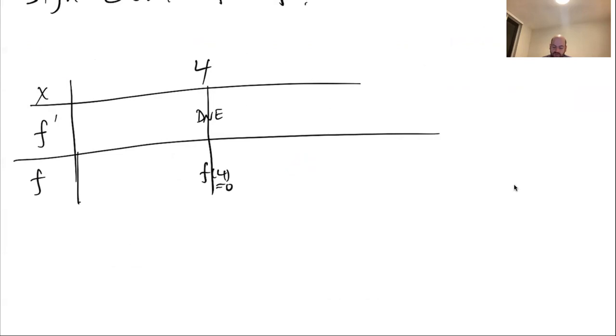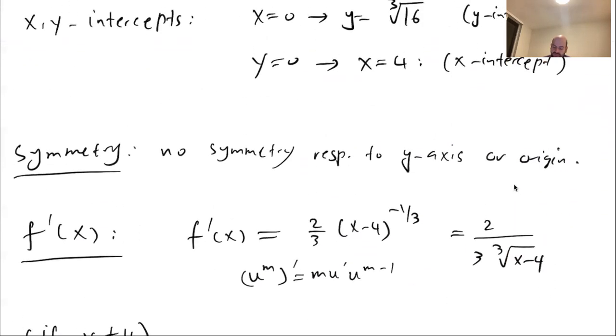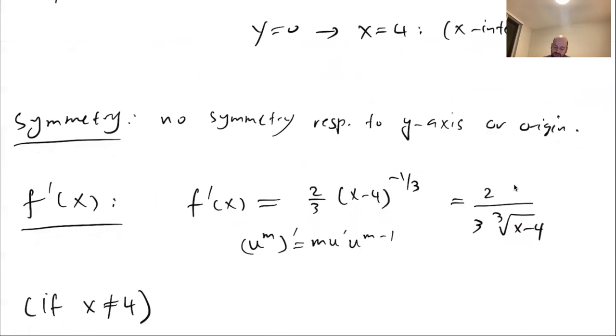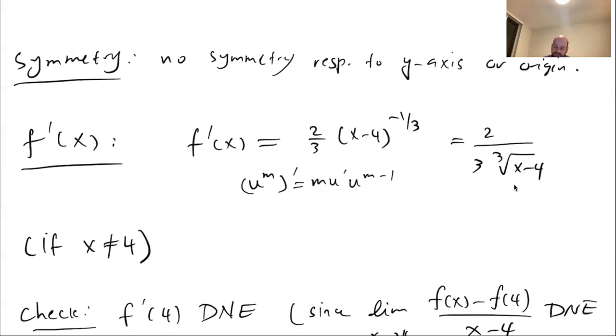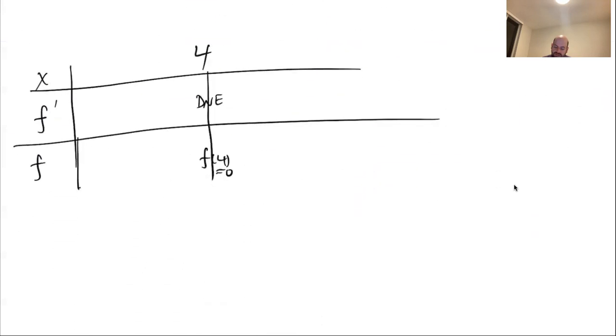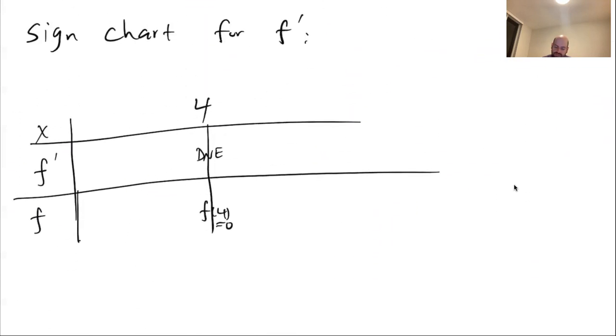Now, before 4, f prime is negative or positive. Before 4, let me use a test point. For example, 0. Let's use 0 as our test point.